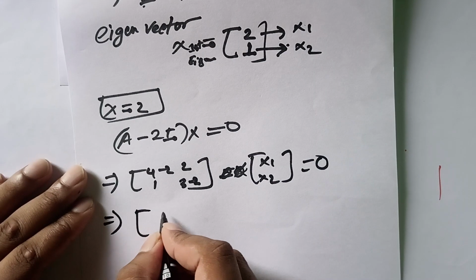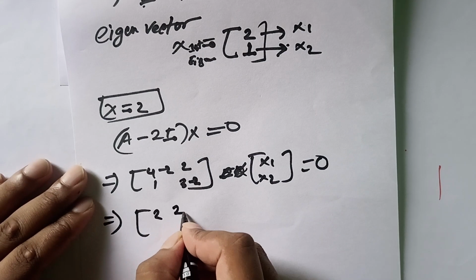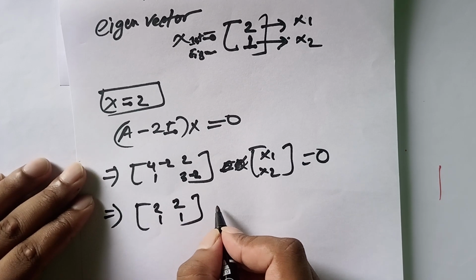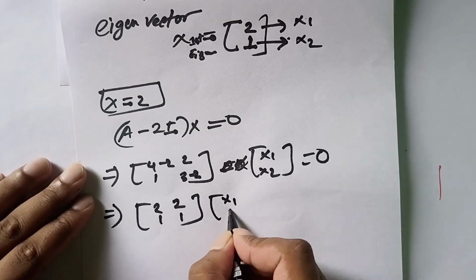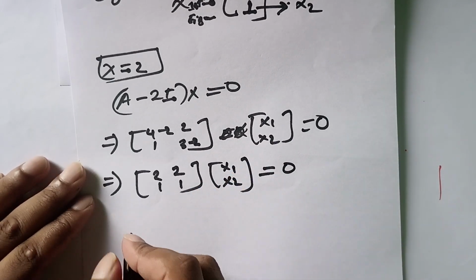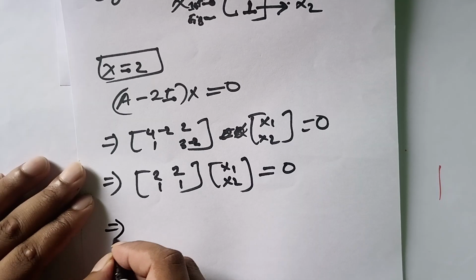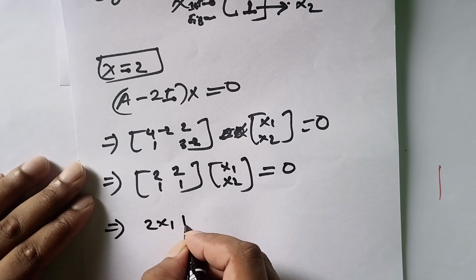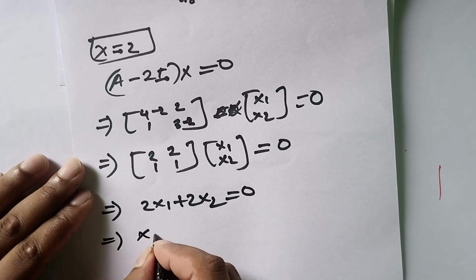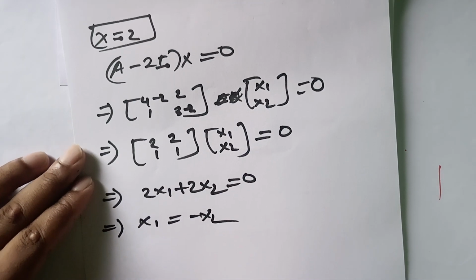If you solve this, you will find [2, 2; 1, 1] times [x1, x2] is equal to 0. From here, 2x1 plus 2x2 is equal to 0, so definitely x1 is equal to minus x2.